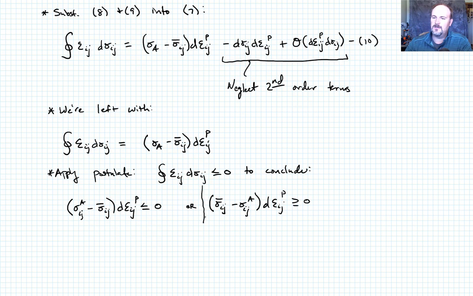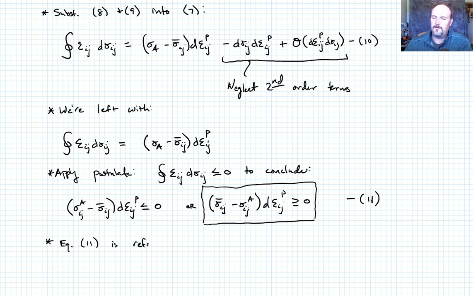So they're equivalent statements. This is frequently what's referred to as the maximum dissipation postulate. We'll call this equation 11, and say that equation 11 is referred to as the maximum dissipation postulate.